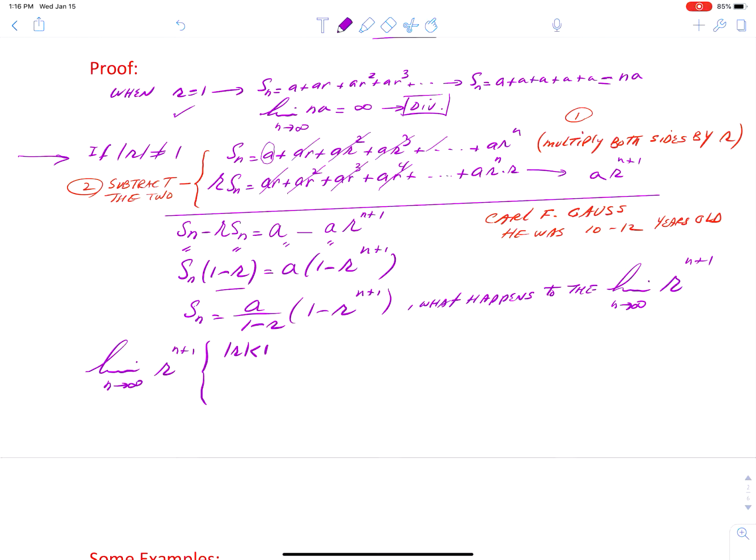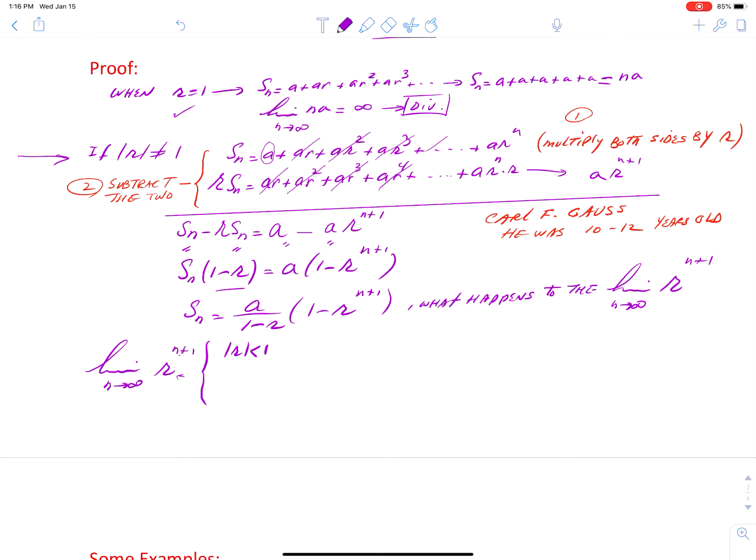Well, if r happens to be less than 1, and you're talking about the limit, like 1/2 raised to infinity, that number r is less than 1, right? It's 1/2. 1/2 raised to n, n goes eventually to infinity. A number that is raised to a power unbelievably large gets smaller and smaller and smaller.